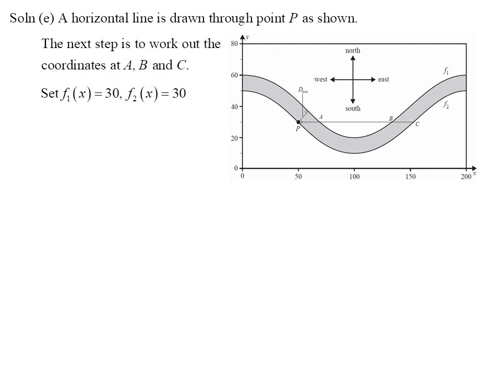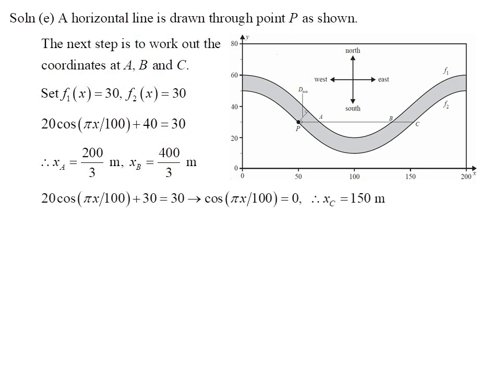Then we can calculate the x coordinates at points A, B, and C. Based on the equation 20 cosine(pi x over 100) plus 40 equals 30, we may obtain that xa equals 200 over 3 meters, xb equals 400 over 3 meters.